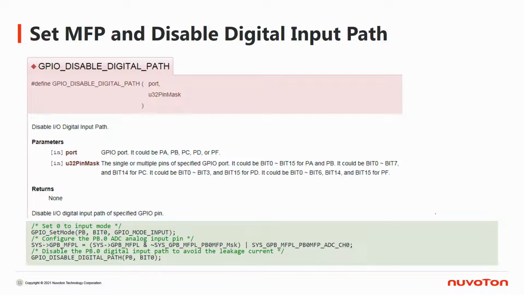The second line is to configure PP0 as the pin for ADC input channel 0. Besides, don't forget to disable the digital input path of PP0. It could be simply made by calling the function GPIO_DISABLE_DIGITAL_PATH. After above are all done, we can start to use ADC input channel 0.